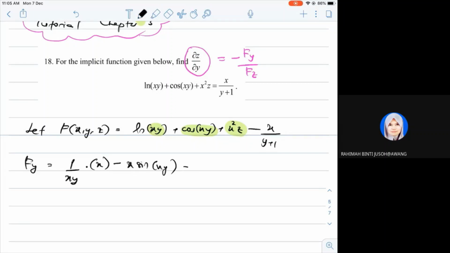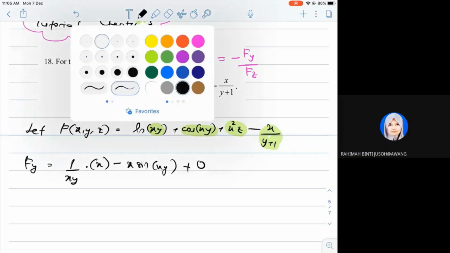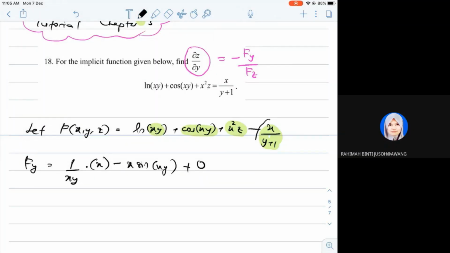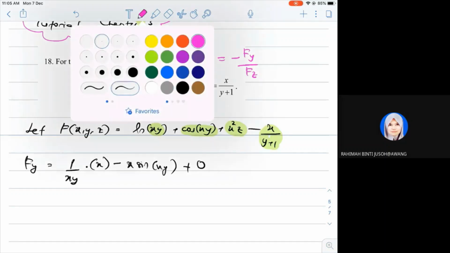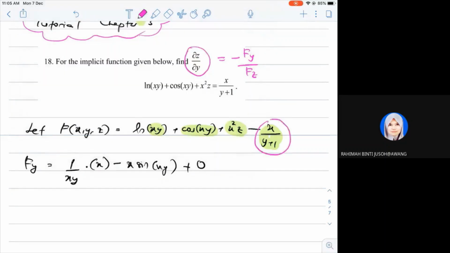I'll write it. Okay, plus 0. Okay, now differentiate negative x over y plus 1 with respect to y. We will have, it is like this. Okay, if you are confused with fractions, you change it into this form: negative x times y plus 1 to the power of negative 1. How do we differentiate this with respect to y?